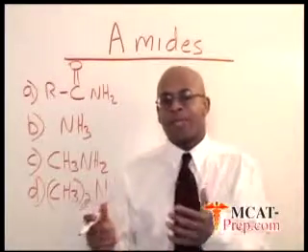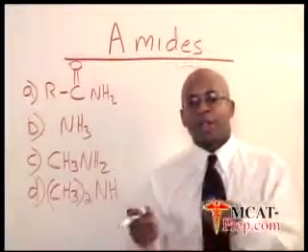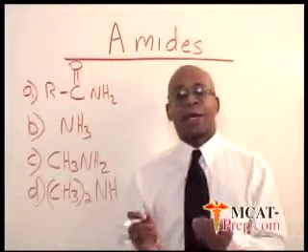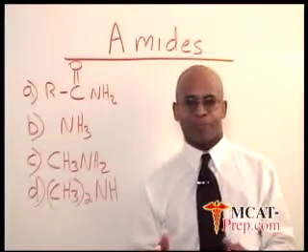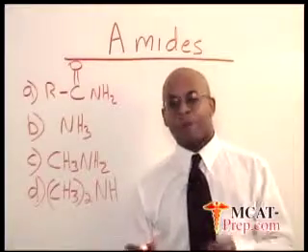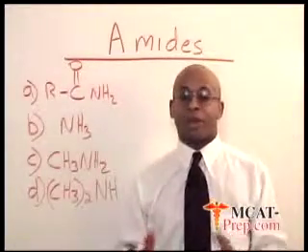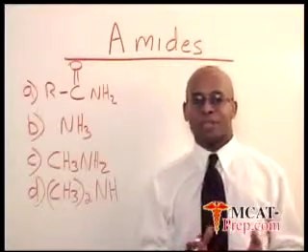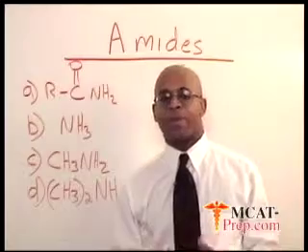So if you have something which is going to accept a proton, which is positively charged, clearly the nitrogen must be negatively charged, or at least partially negatively charged. So we would be looking for the nitrogen which has the greatest partial negative charge. The more the partial negative charge is, the more it would attract a proton, the stronger base it would be.